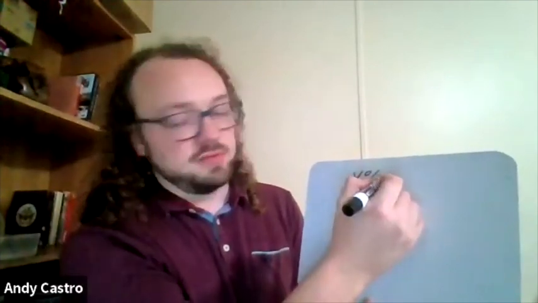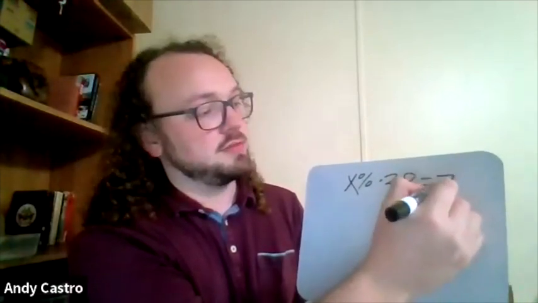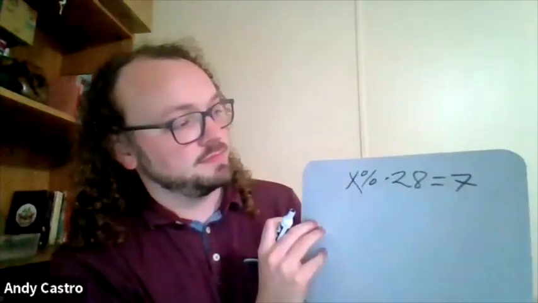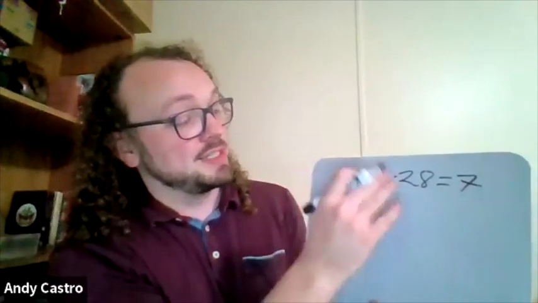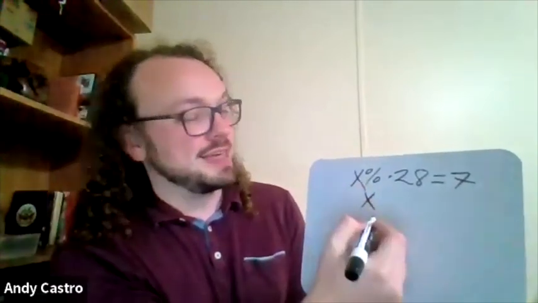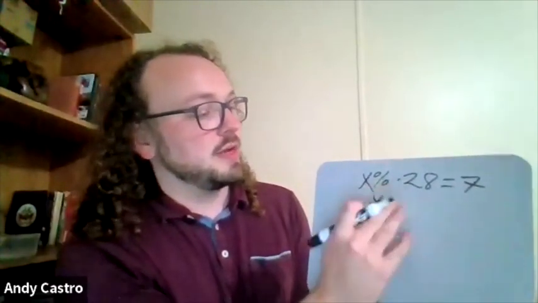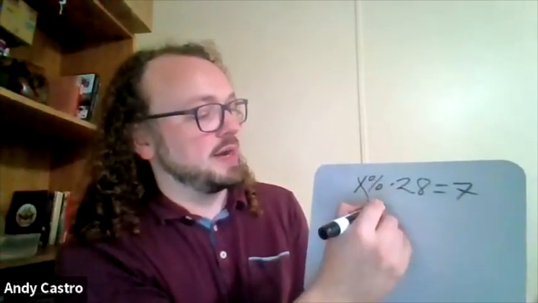Number 27 says, what percent of 28 is 7? Right, so I've got some number here that's going to be a decimal, and that is going to be multiplied by 28.